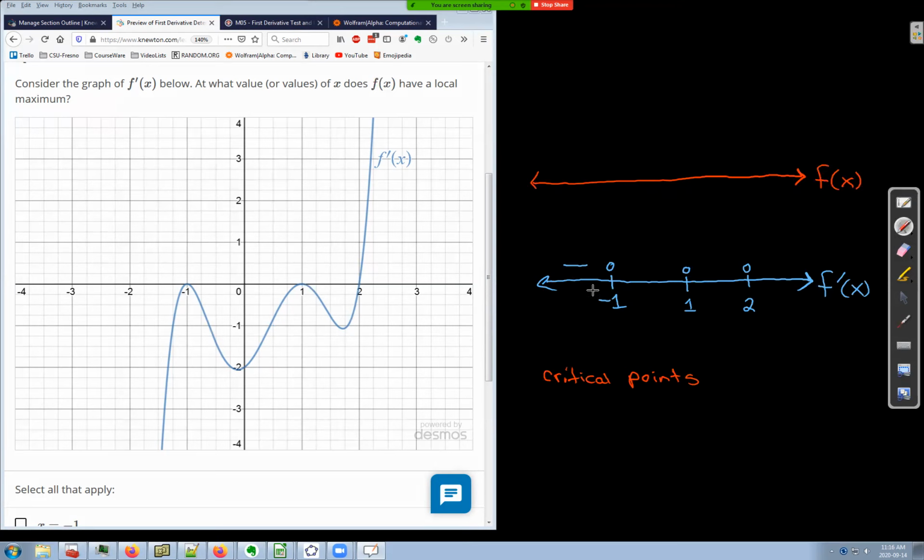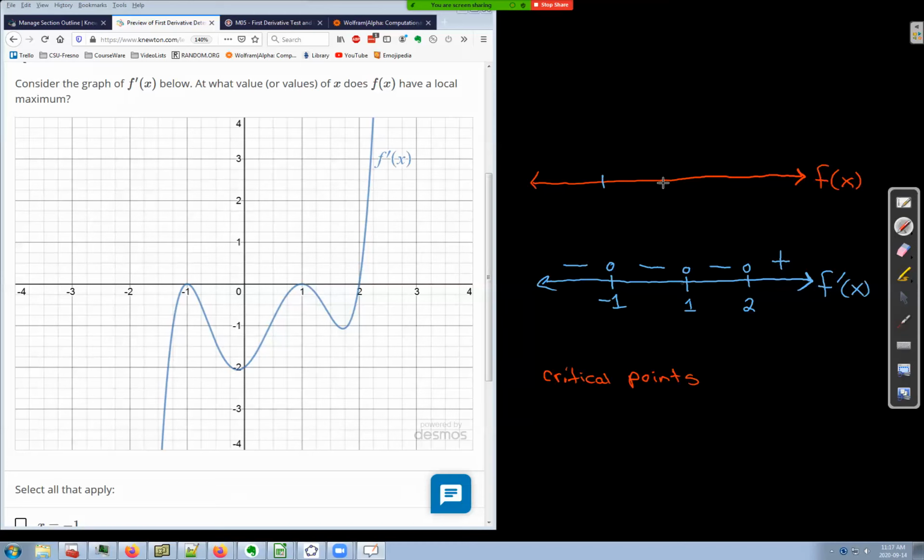And then between -1 and 1, again, the derivative is below the x-axis. So that means negative. And from 1 to 2, the derivative is below the x-axis. So that means negative. And then finally, when x is bigger than 2, the derivative is above the x-axis, and that's positive.